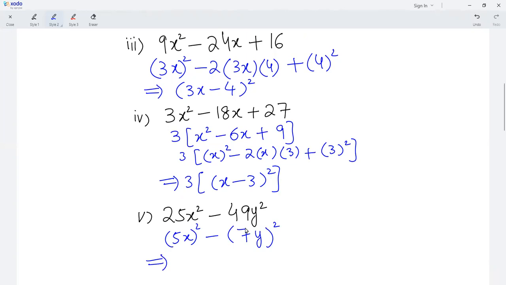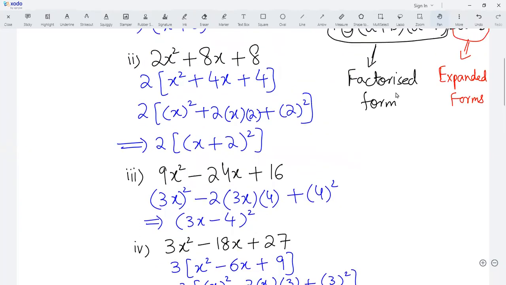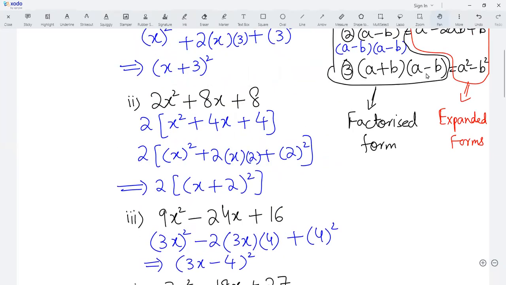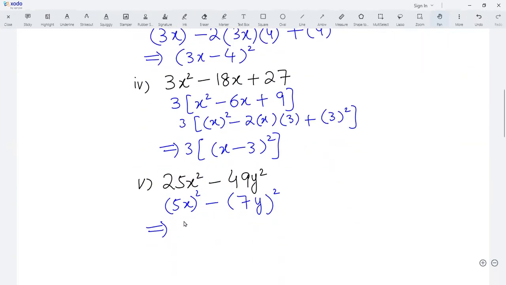So the next step will be a plus b times a minus b. As you can see in the formula, a squared minus b squared must be equal to a plus b times a minus b. So I'm writing it down as a is 5x plus 7y multiplied with 5x minus 7y.